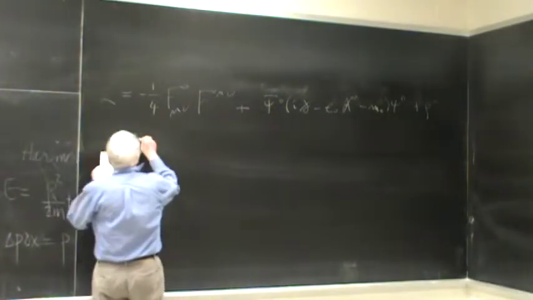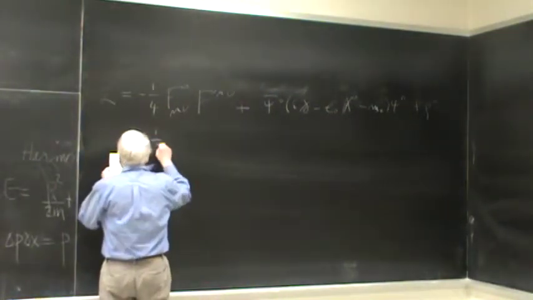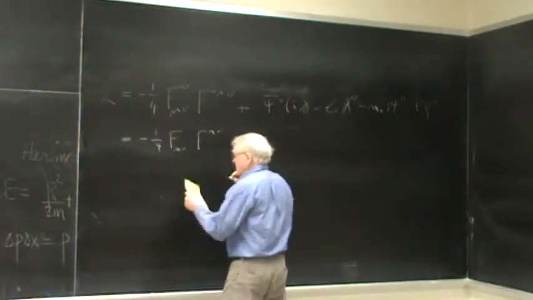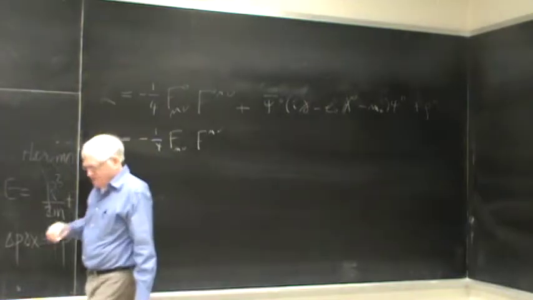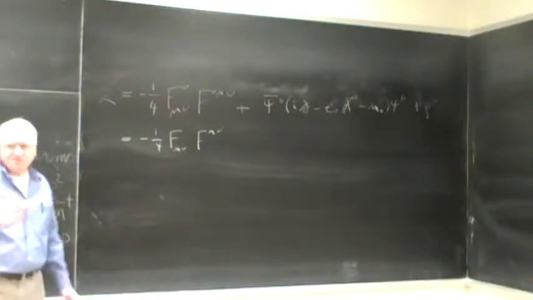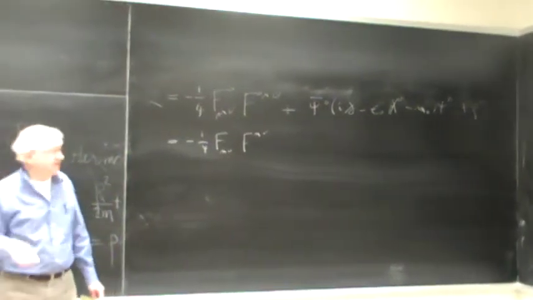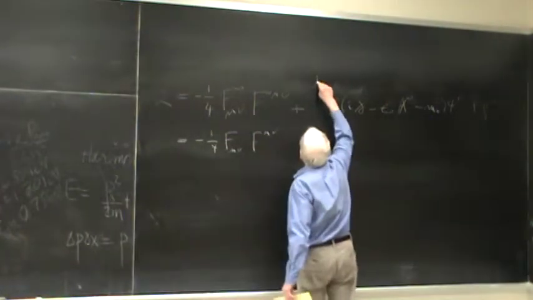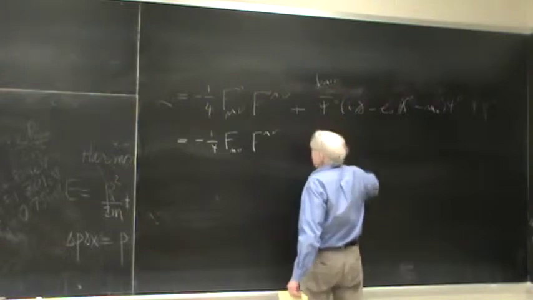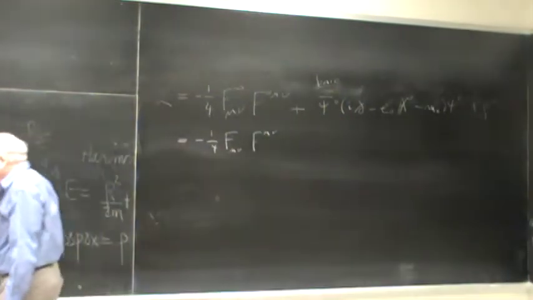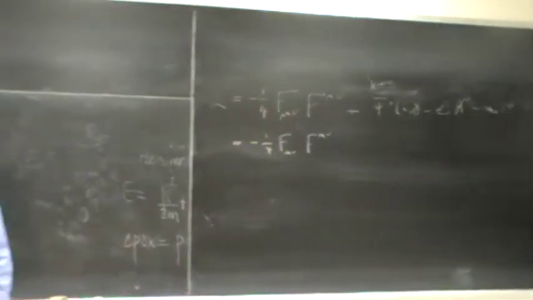So we rewrite this thing as minus a quarter F mu nu, and what Schwartz does in this chapter is he drops the zero on the field, because the fields with zeros are the so-called bare fields. I'm going to drop the zero also on all of the quantities that are renormalized and finite.